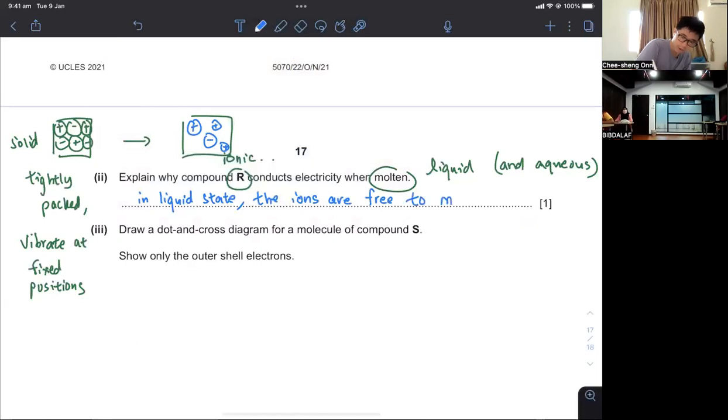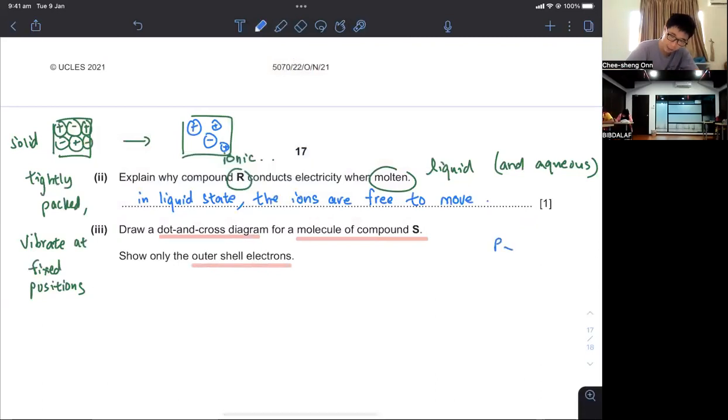When you are free to move, you can conduct electricity. Sometimes they call it free ions, not electrons. There is no such thing as free electrons in ionic compounds because the electrons already transferred from the metal to the non-metal.